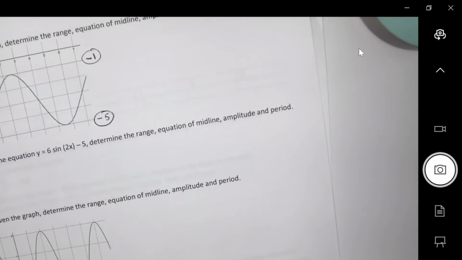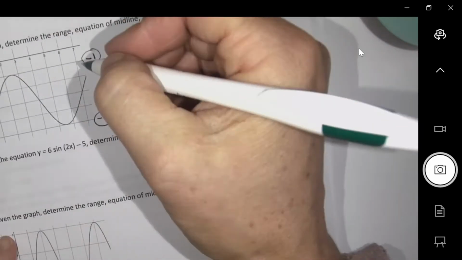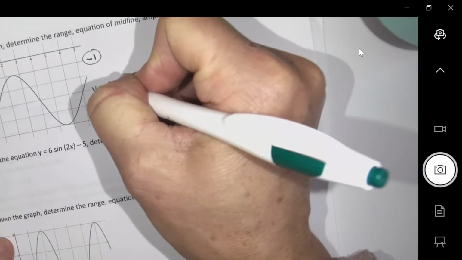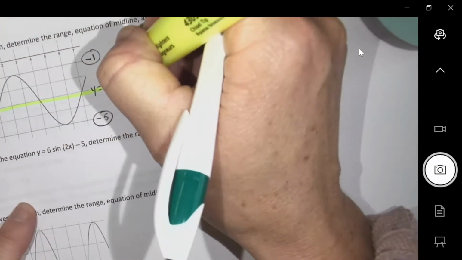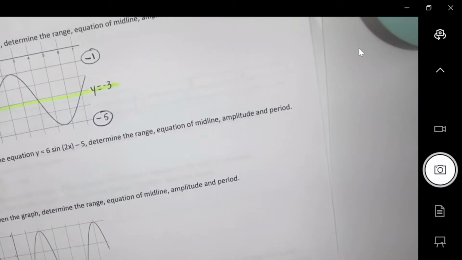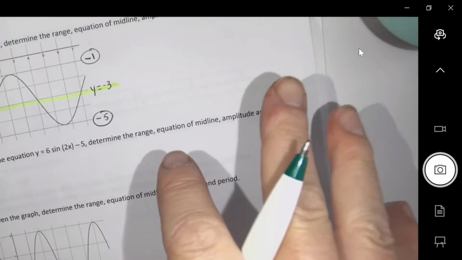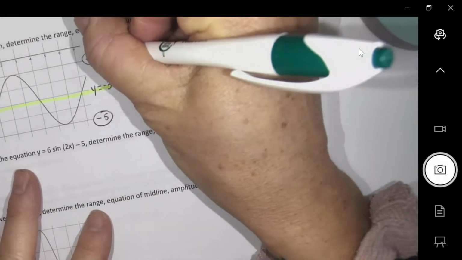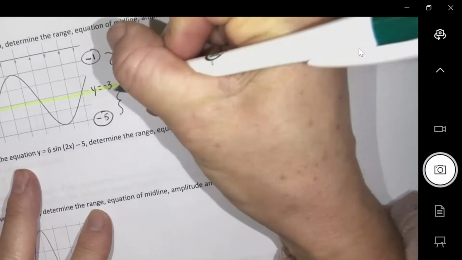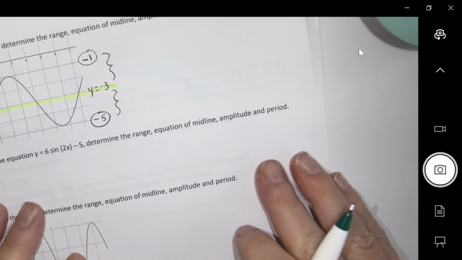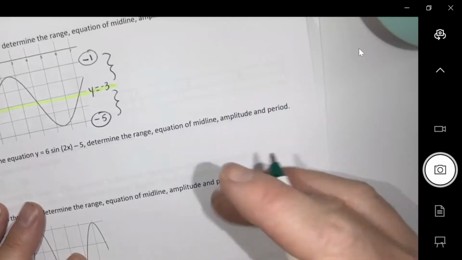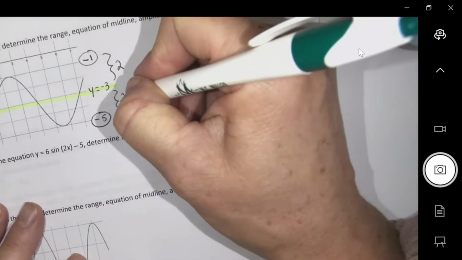And do you know which value would be halfway between them? -3 is halfway between them. So I kind of do this on the side because it helps me get all my numbers. How much spacing is there in that zone then? 2.